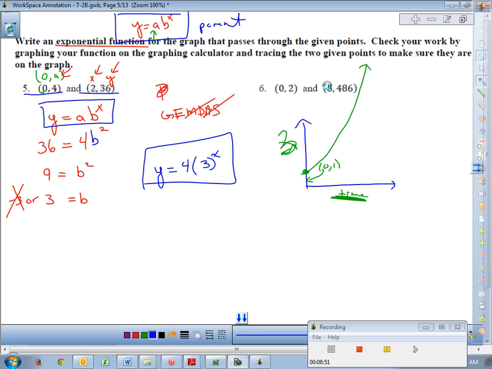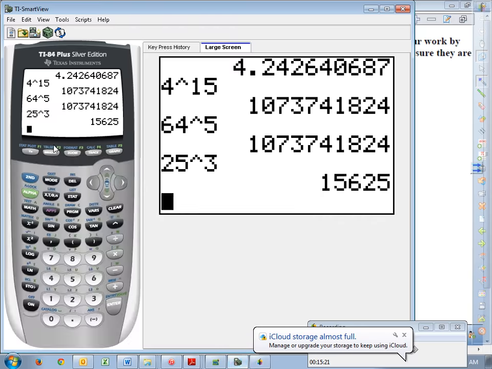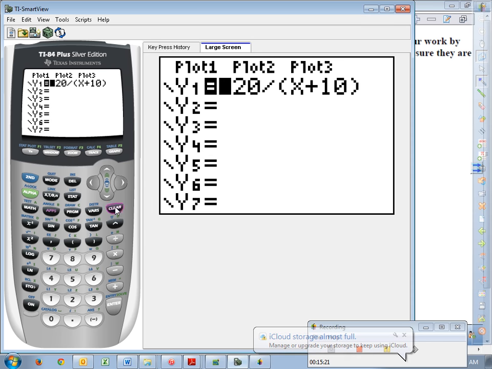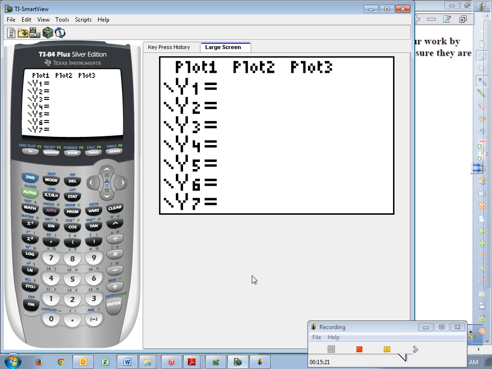Let's check the calculator to see if those points are actually on there. So let's go to our graphing calculator and type that in. Clear all that stuff out. It was 4 times 3 to the x power. Is that correct?